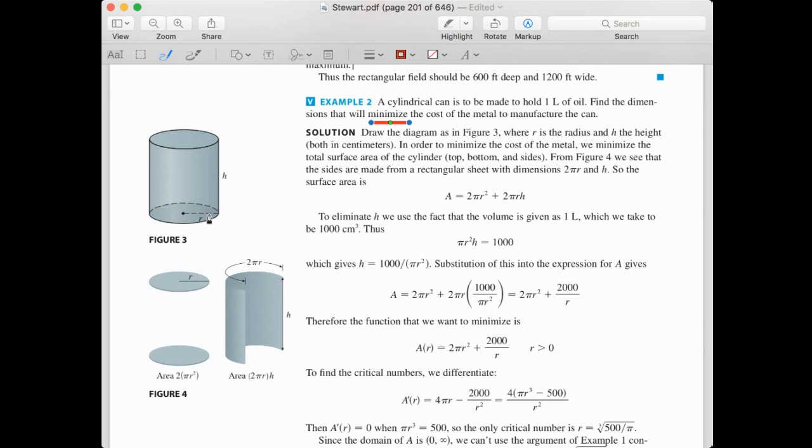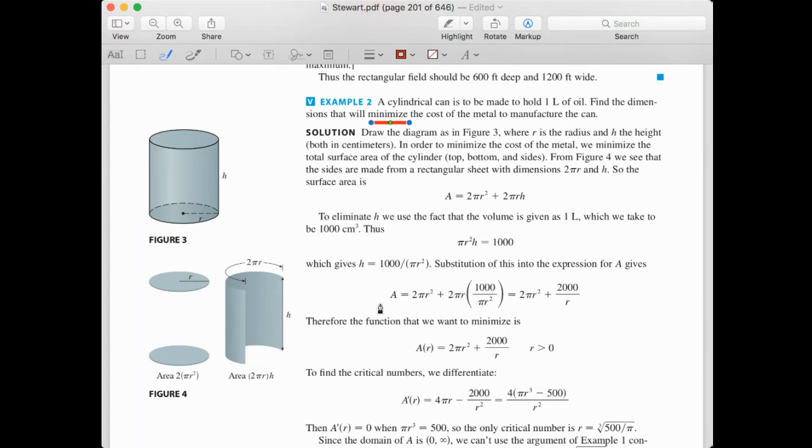The surface area is made by 2 circles and the body. The material for the body, if we cut somewhere and make it flat, is a rectangle, with one dimension the height of the can, another dimension the circumference of the circle.